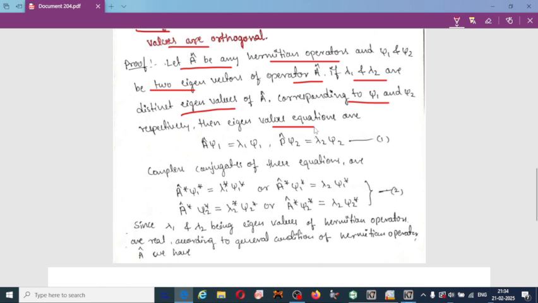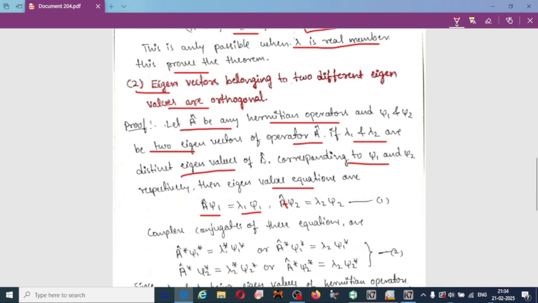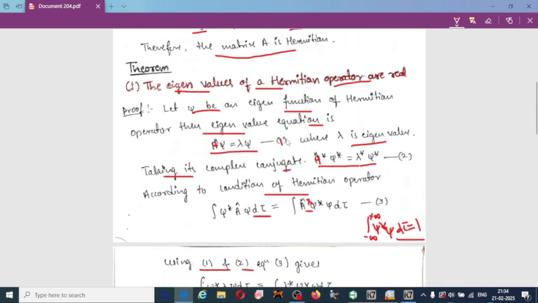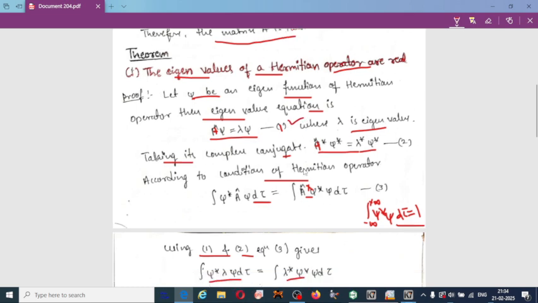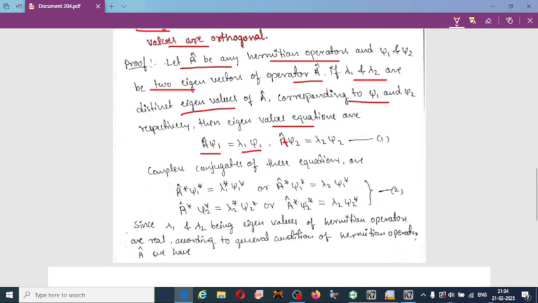Then the eigenvalue equations are given by A cap psi 1 equals lambda 1 psi 1, A cap psi 2 equals lambda 2 psi 2. Two eigenvalue equations we have considered. Earlier we considered only one eigenvalue equation.